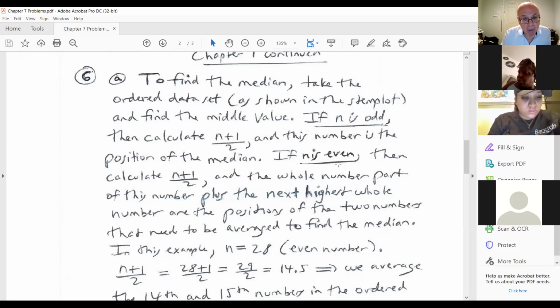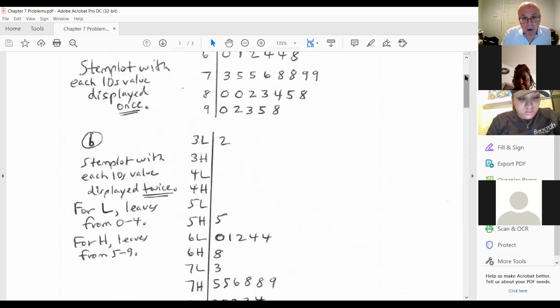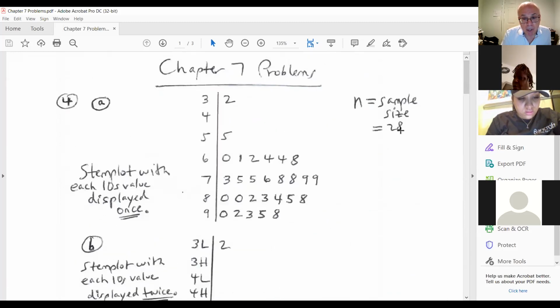If n, the sample size, is even, then we use the formula again, and we should get a number that has a 0.5 at the end of it, a whole number plus 0.5. We use the number to find the first number, and then the next one is the next number we find, and we average those two. So that's what we did in this case here. There are 28 numbers in the data set. So it's 28 plus 1 is 29, divided by 2 is 14.5.